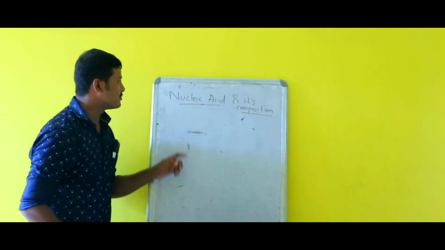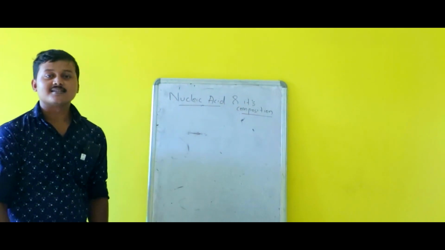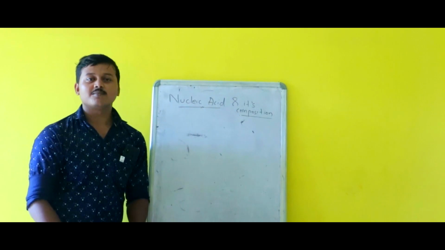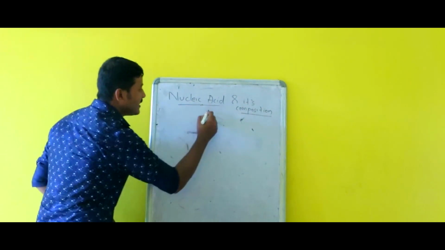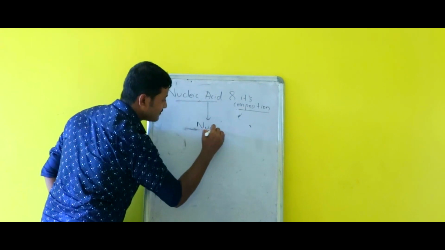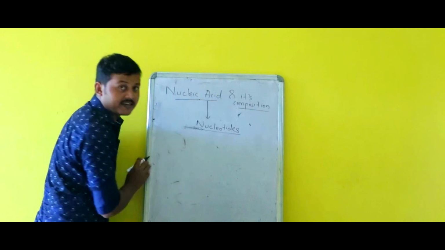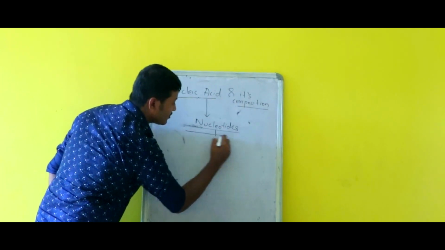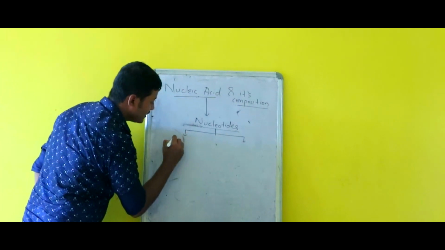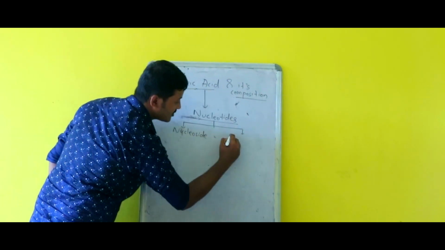Now I am going to teach about nucleic acid and its composition. Nucleic acid is an essential macromolecule that is made up of nucleotides, meaning they are the polymers of nucleotides. Again, a nucleotide is composed of nucleoside plus phosphate group.